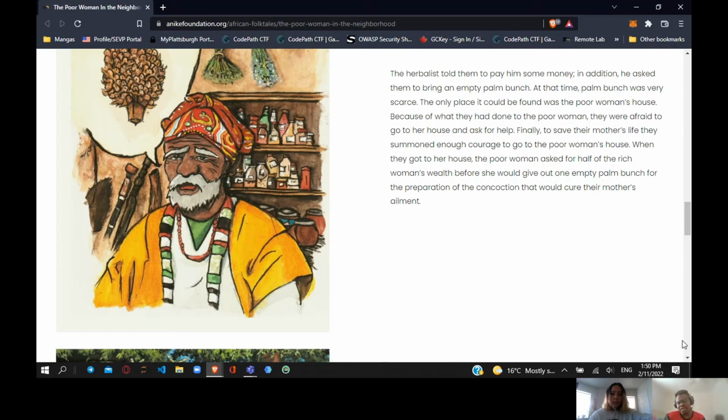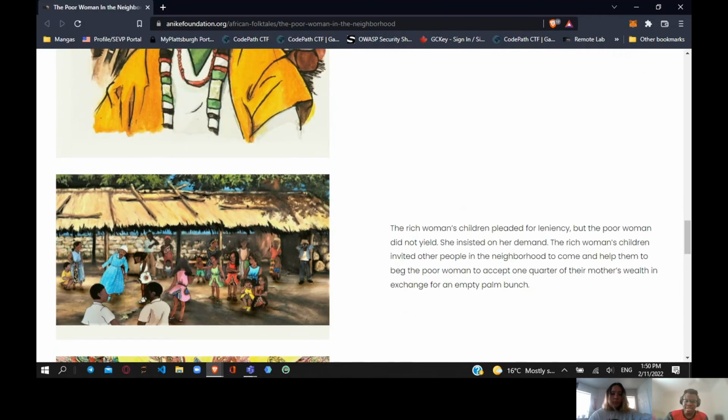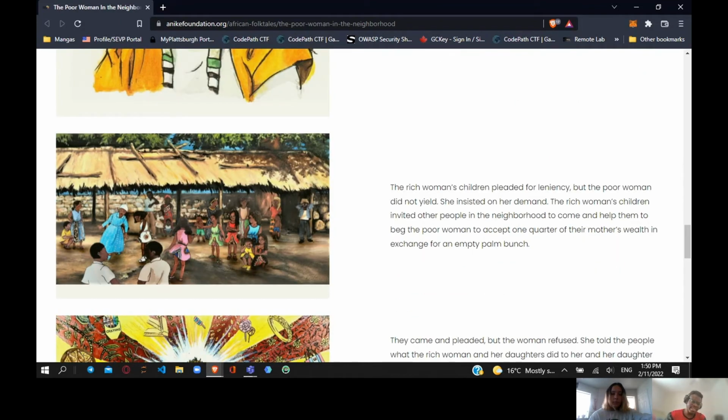So the daughters of that rich lady went back to the villages and asked people to come and beg with them to get the poor woman to give them the palm bunch, which didn't happen, as the poor lady told them what happened.